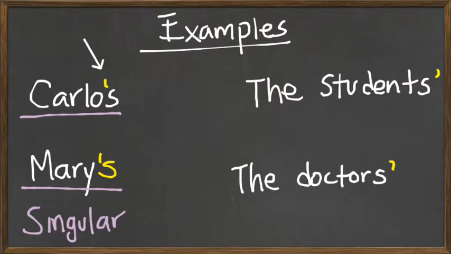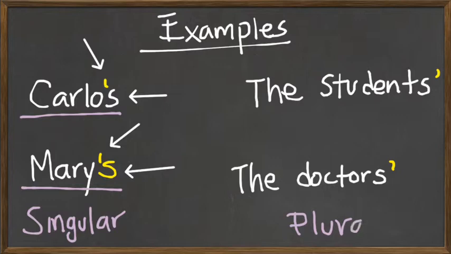We have our apostrophe and we have our S. In the second example, we have the apostrophe and we also have the S. Now for plural, we have the students. And here we have the S. Actually, sorry, the apostrophe. That's the only thing that you add to the word.